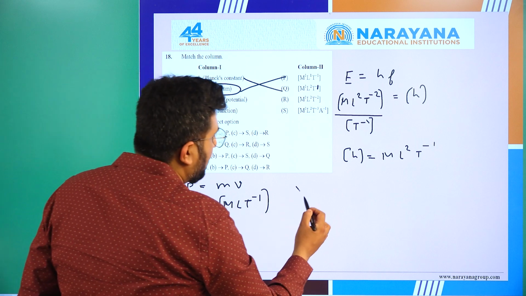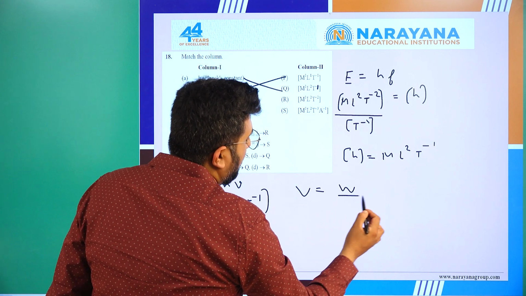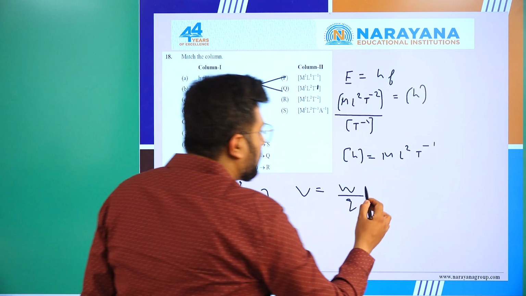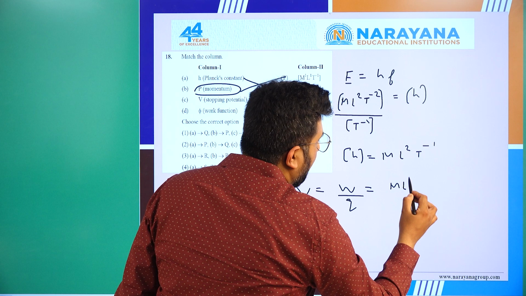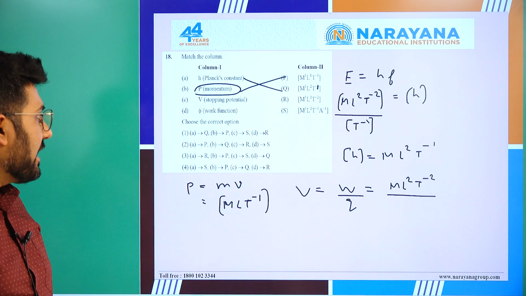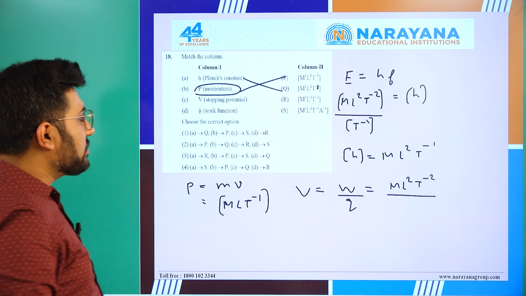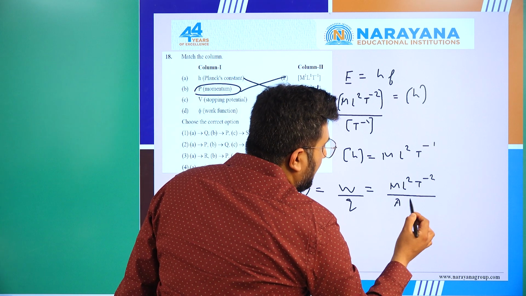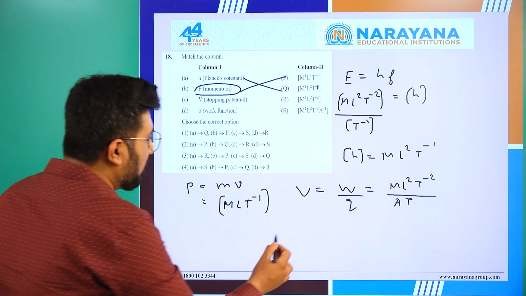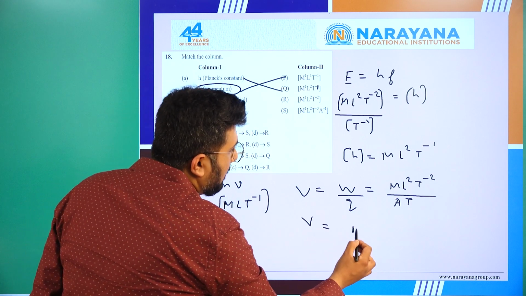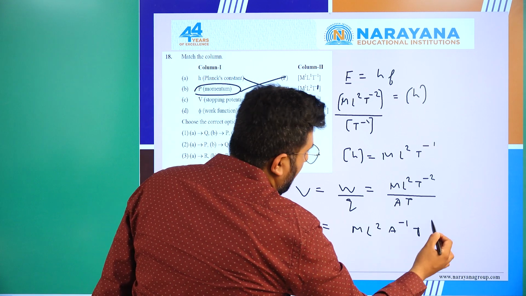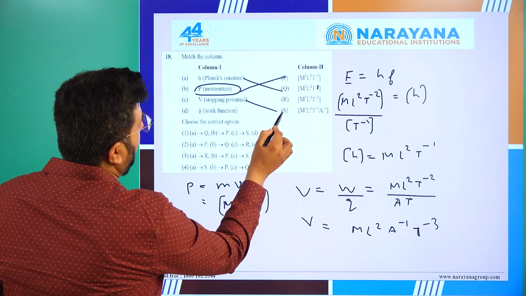So, you know the potential is work done per unit charge. Now, the dimension of work is same as the dimension of energy, ML square T minus 2 divided by the charge. The charge is ampere into time. So, what will be the dimension of the potential? ML square A minus 1 T minus 3. That means this one.